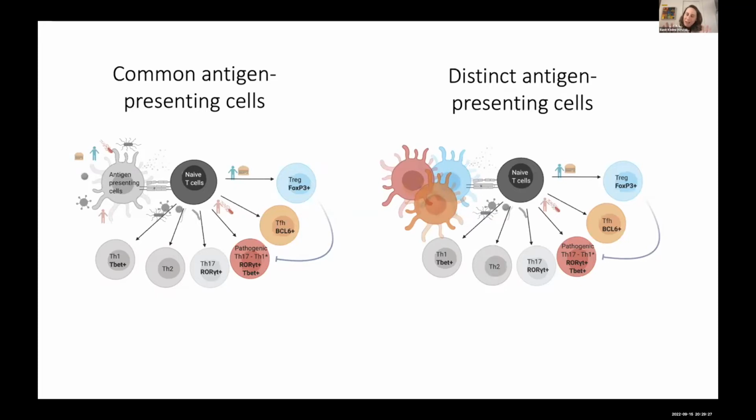I'll make a little spoiler: the take-home message of this presentation is that we found that indeed this is the case. These distinct antigen-presenting cells have completely different outcomes, and we also challenged the dogma that classical dendritic cells are the only cells that initiate CD4 T cell programs. I'll show you the result in a while.